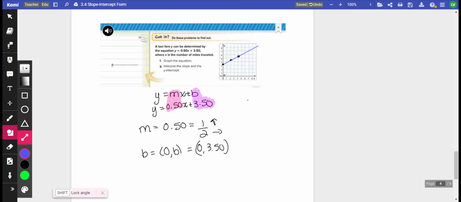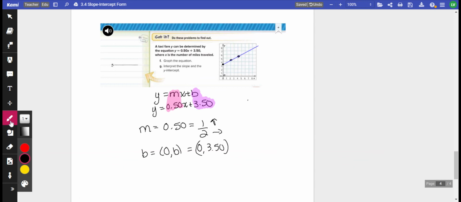So that's letter F. Letter G, interpret the slope and the y-intercept. So this problem is saying that the slope represents the change per mile, which is 50 cents.